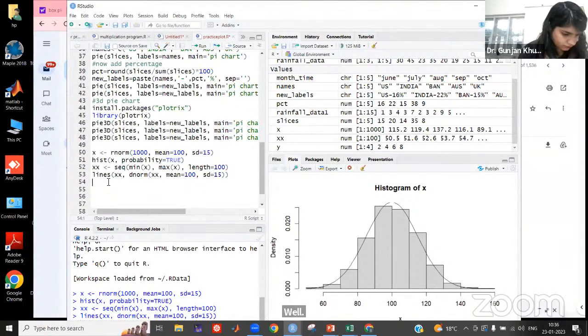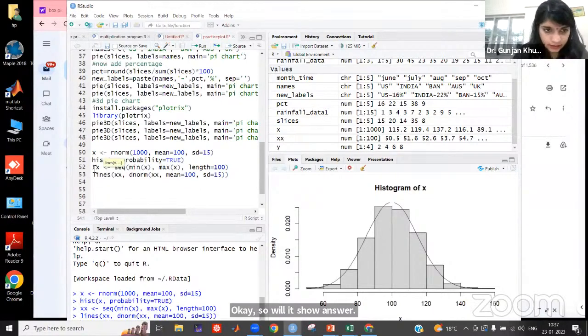Again, so will it show the answer? Yes, if you run this, it will show the answer.